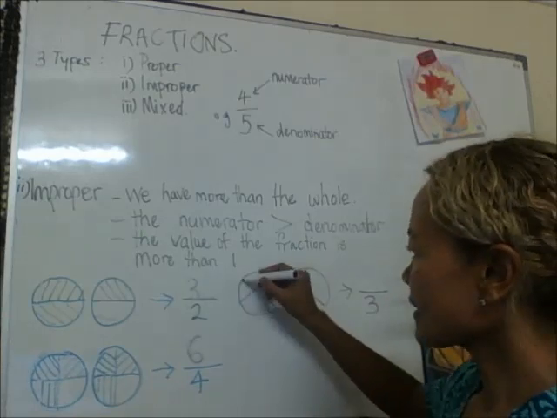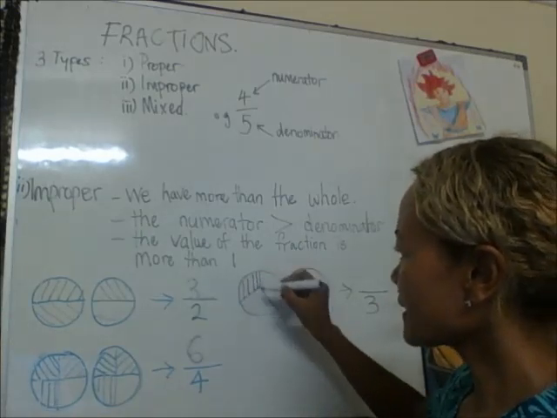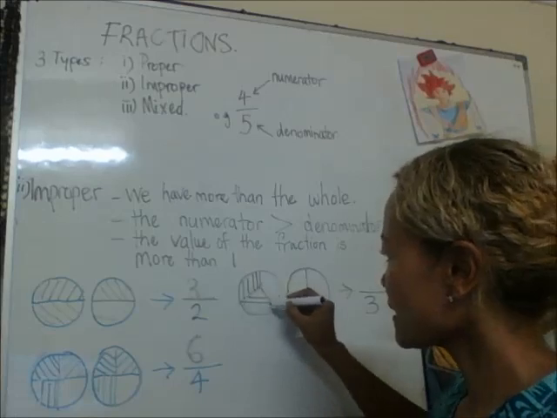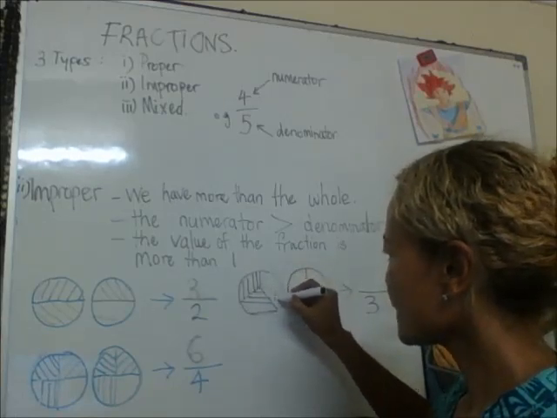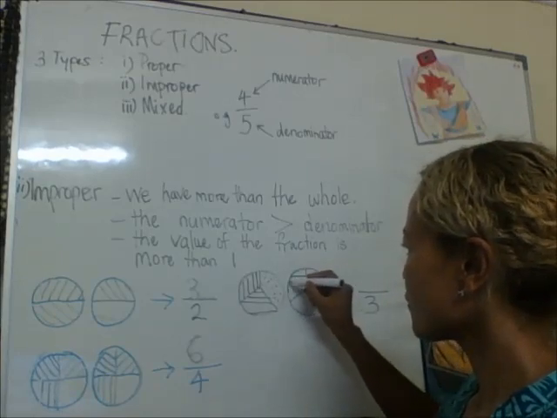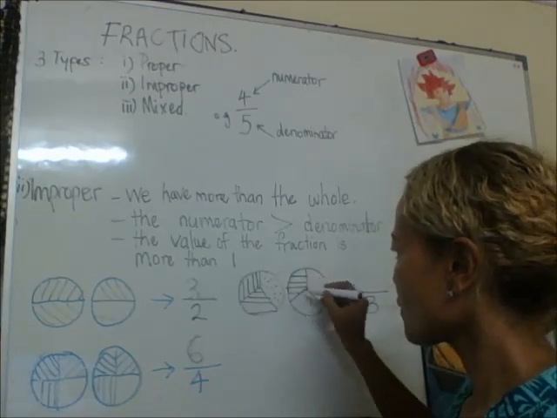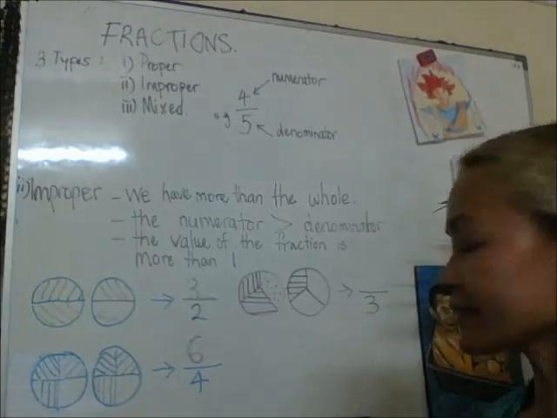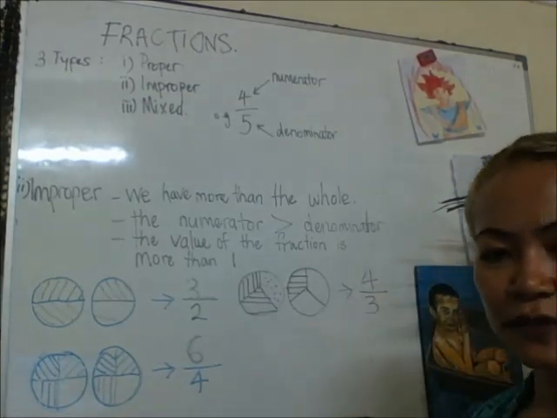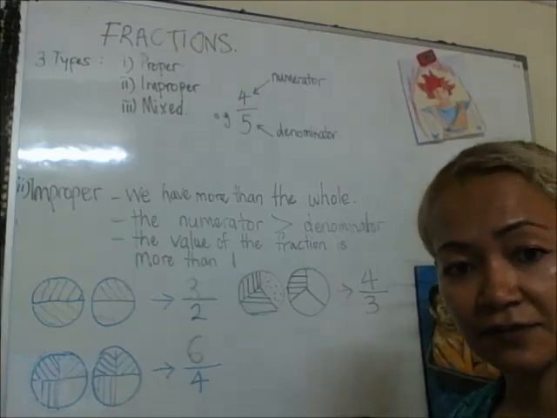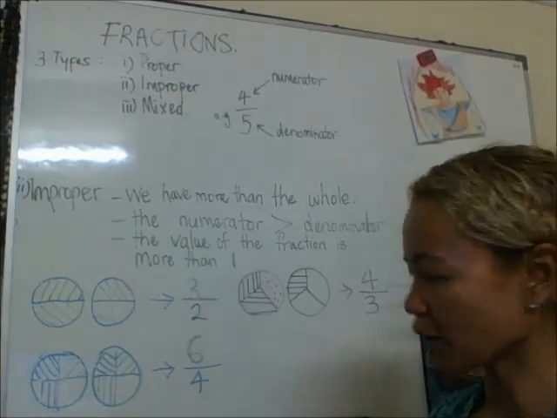But the number of parts that I'm shading is 1, 2, 3, 4. 4 over 3. That's another improper fraction. The number on top is bigger than the number on the bottom.